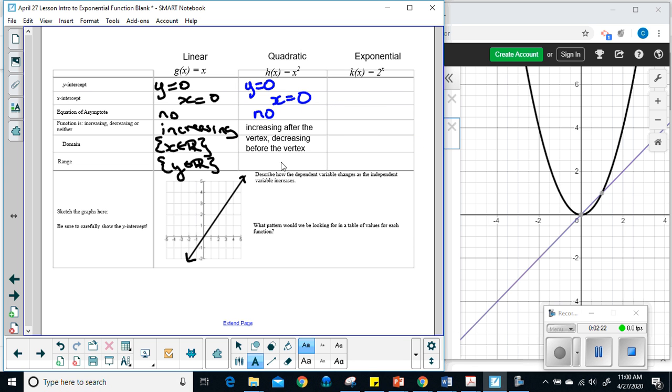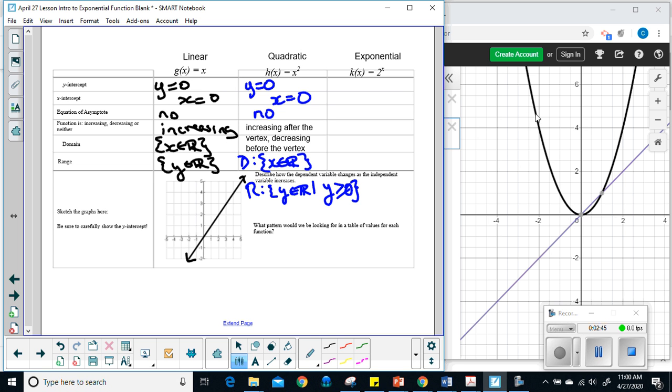In terms of domain for this one, our domain is x is any real number. And our range for this one, sorry, I'm going to just pop it down here. Y is any real number, but y has to be bigger than or equal to 0. Right?